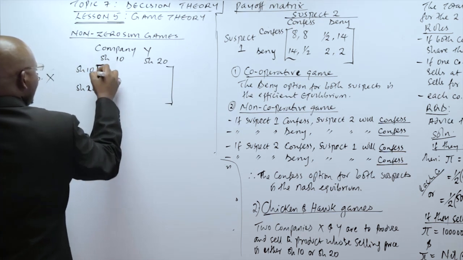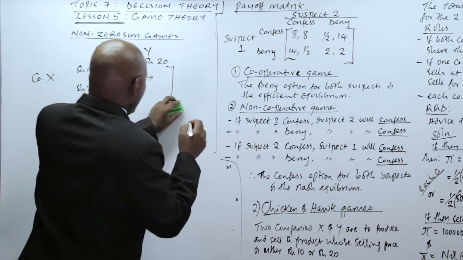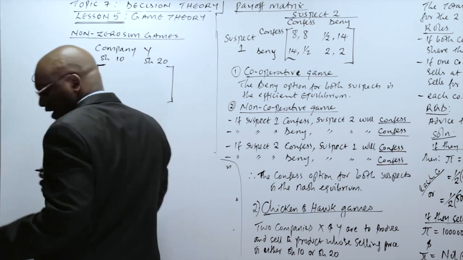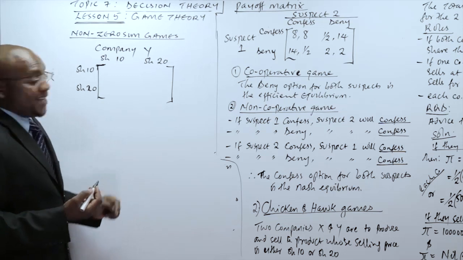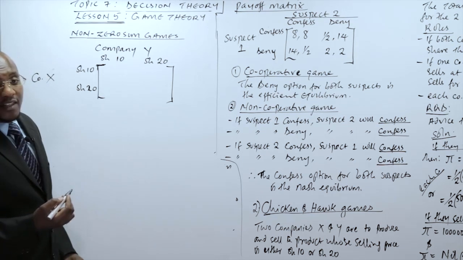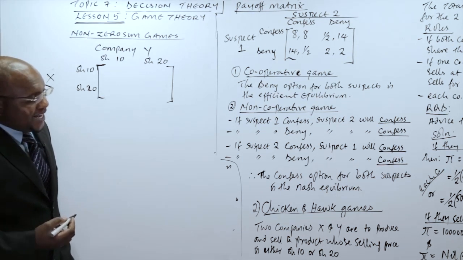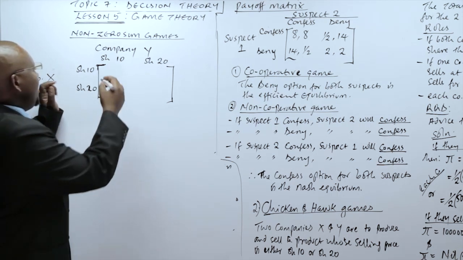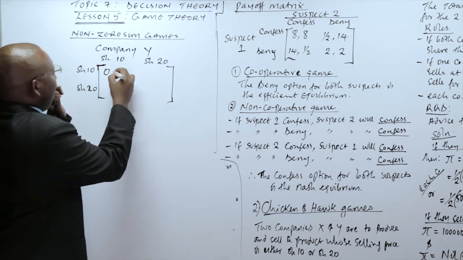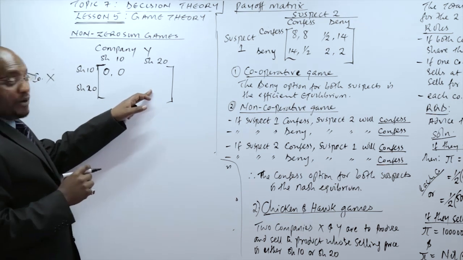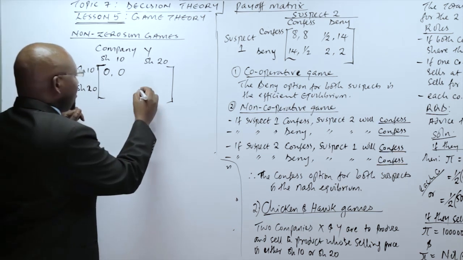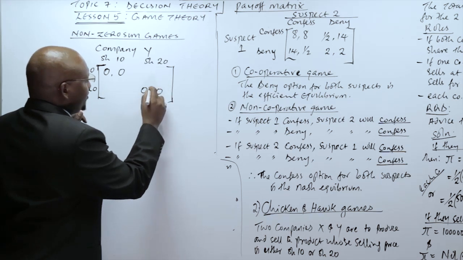We indicate what they make if they charge what price. So we have seen that if they sell the same price, they make 0, 0. If they sell at a price of 10, all of them, company X makes 0, company Y makes 0. If they sell the same price, 20, 20, again they make 0 and 0.